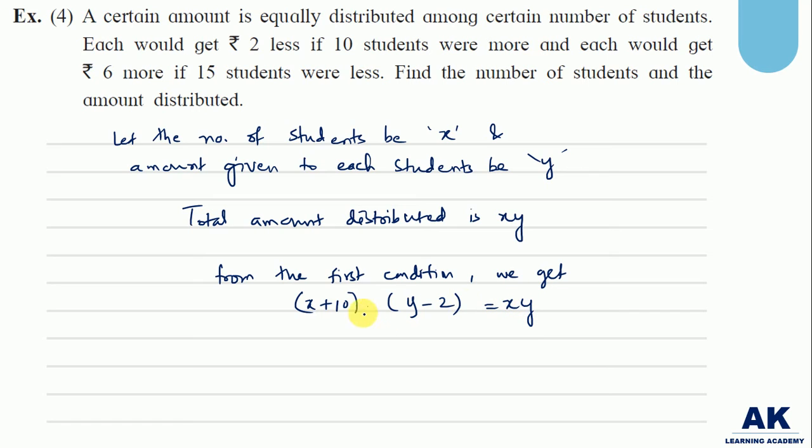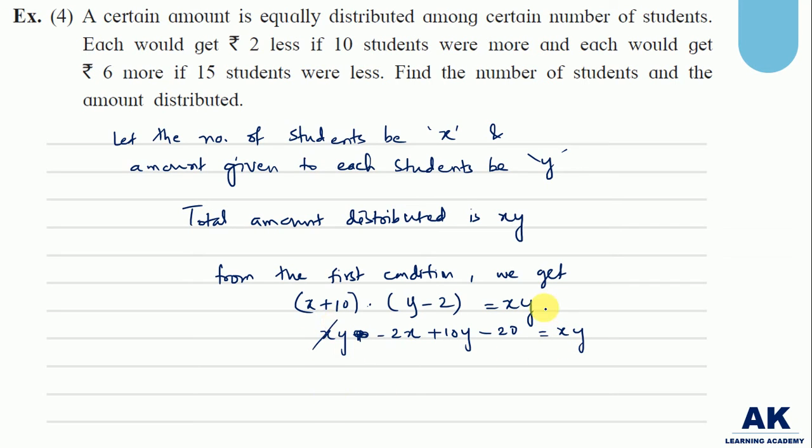So if I solve this equation, x into y is xy, plus x into minus 2, it is minus 2x. Then 10 into y, it is plus 10y, minus 10 into 2, it is 20, which is equal to xy, right?